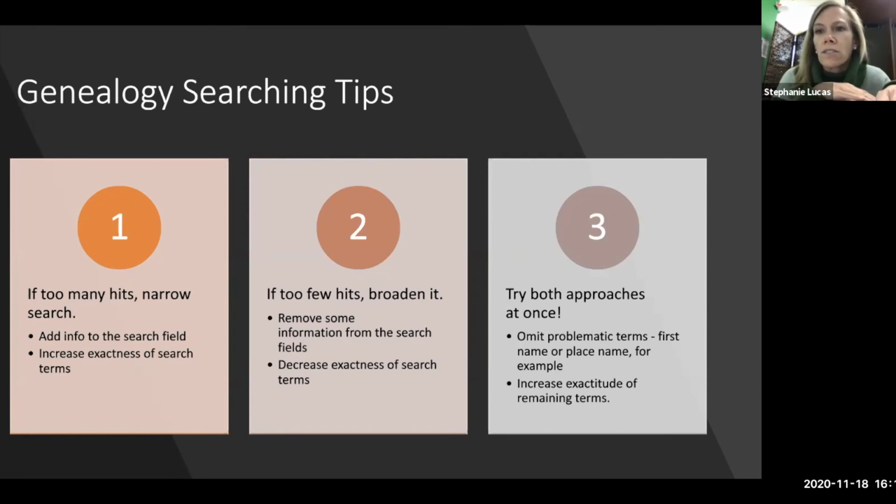So there are ways to fix that in your search so that you get a good number of hits. All right, and then sometimes you're going to do both when you search.